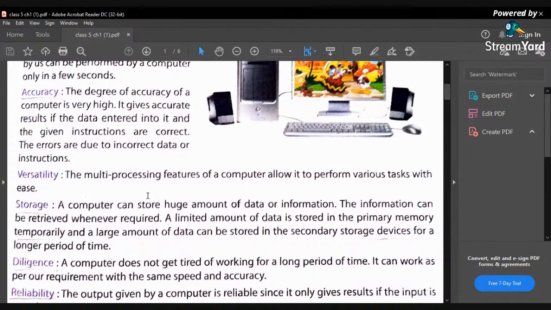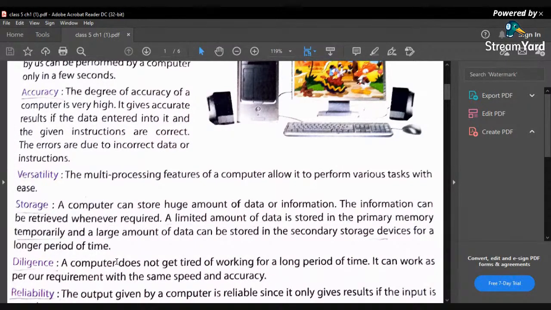A limited amount of data is stored in the primary memory, which is temporary, and a large amount of data can be stored in the secondary memory, the secondary storage device, for a longer period of time. Students, the computer has two types of memory. One is the primary memory and the other is called secondary memory.